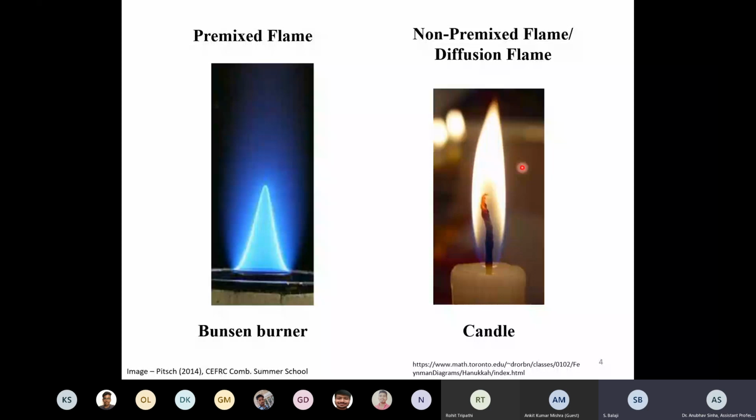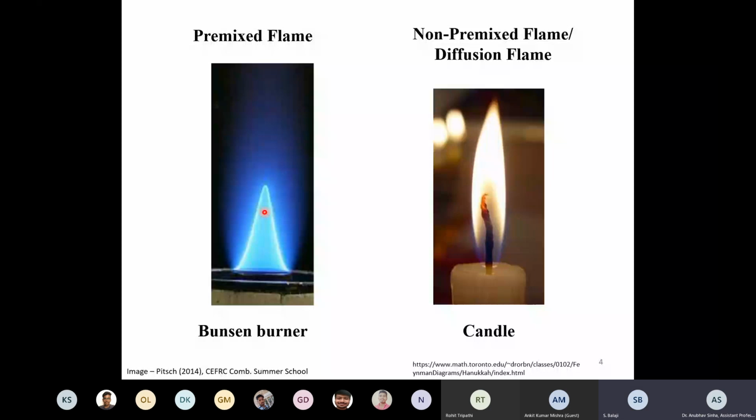So you started correctly, but the reactions are not different. The same reactions will take place here also. For the premixed flame also we have seen, I think yesterday or the day before, in the last class, we have shown that CO is there, CO2 is there, everything is there for the premixed flame.